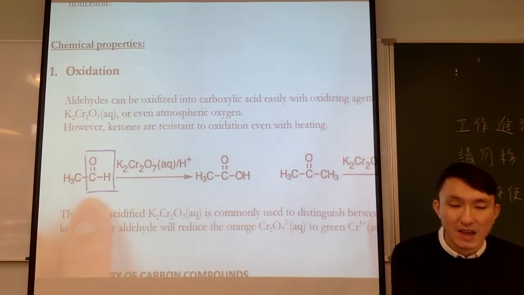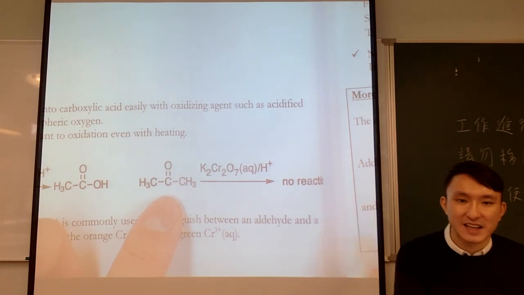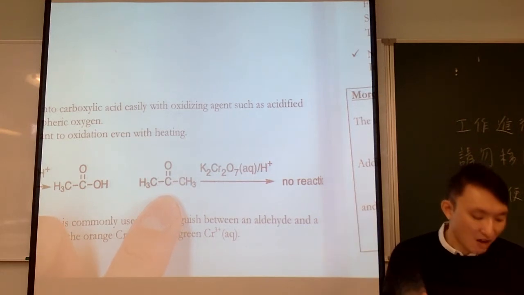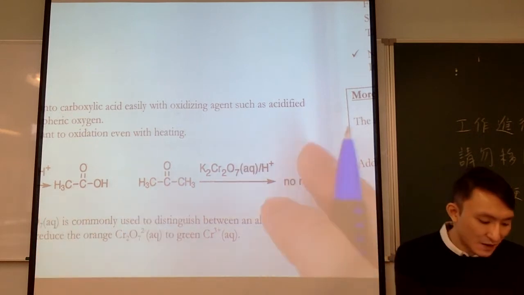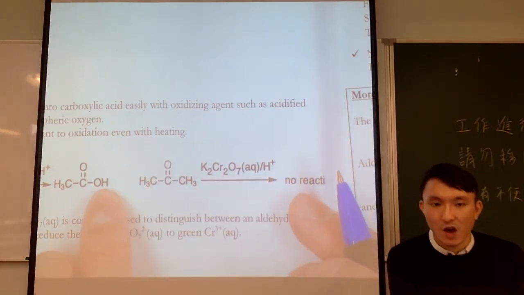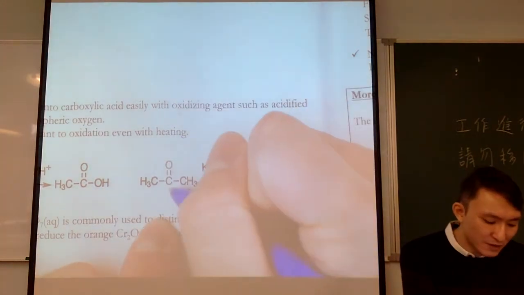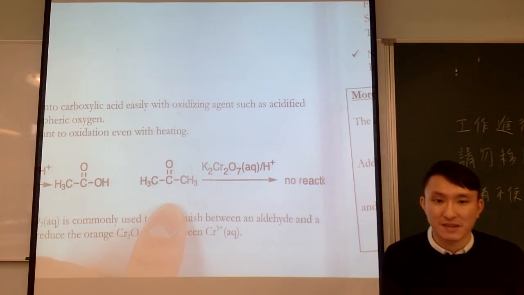However, for ketone, you realize that it is resistant to oxidation. The reason is, think about it, if you want to become carboxylic acid, you need to have OH. If you put an OH here, then the carbon will have 5 bonds. It doesn't make sense.